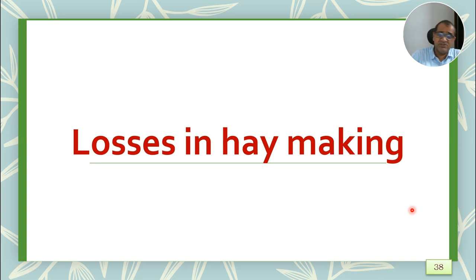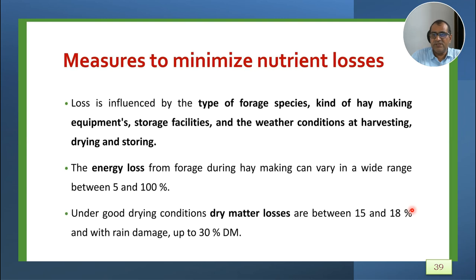Then losses in hay making are also very few, and we can see how to measure the nutrient losses during the drying, etc. It depends upon the type of the storage, species, especially the kind of hay making equipment, then how we are going to store it with facilities, and weather conditions at harvesting, drying, and storing.